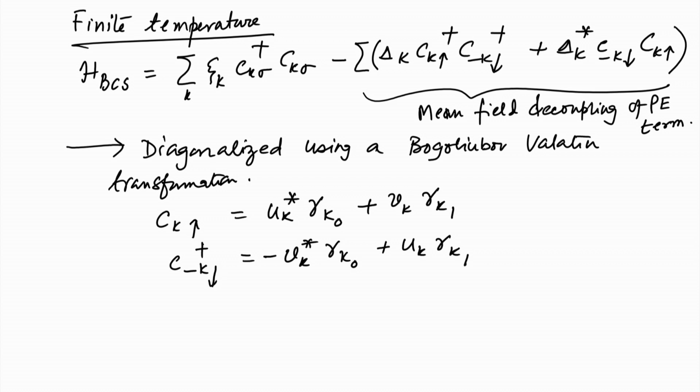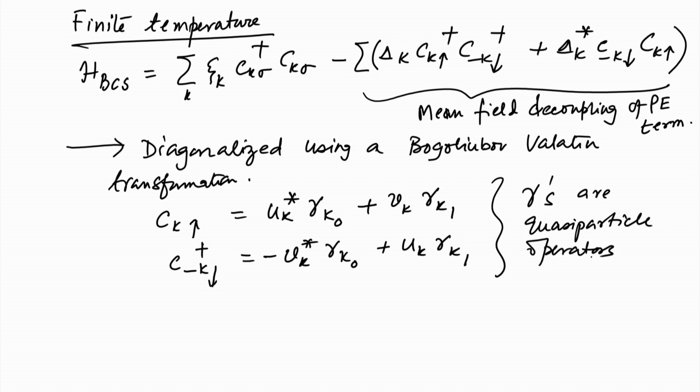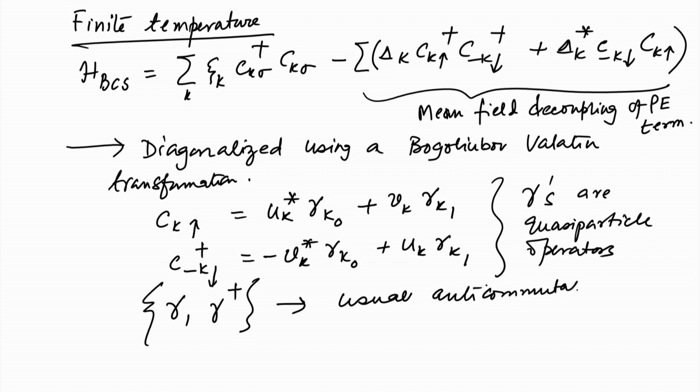And so, gammas are quasi-particle operators, so gamma daggers have the usual anti-commutation relations as the C k daggers.